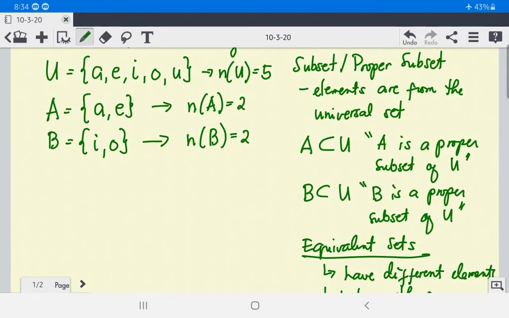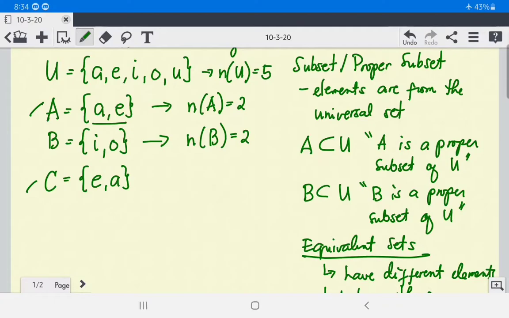Now, let us have another set. Let's say we have set C, wherein it contains E and then A. So, even though they are not in the same order as set A, as you can see, they have the same elements, right?